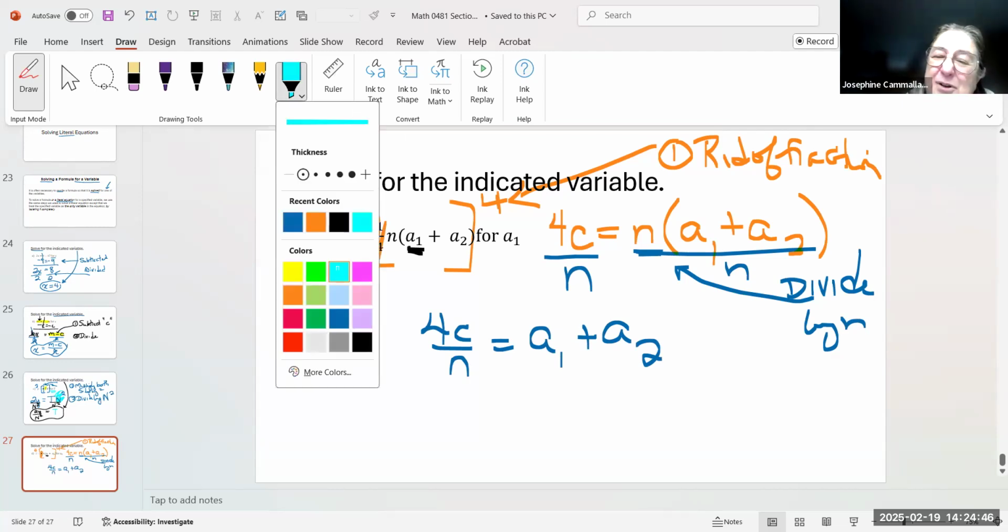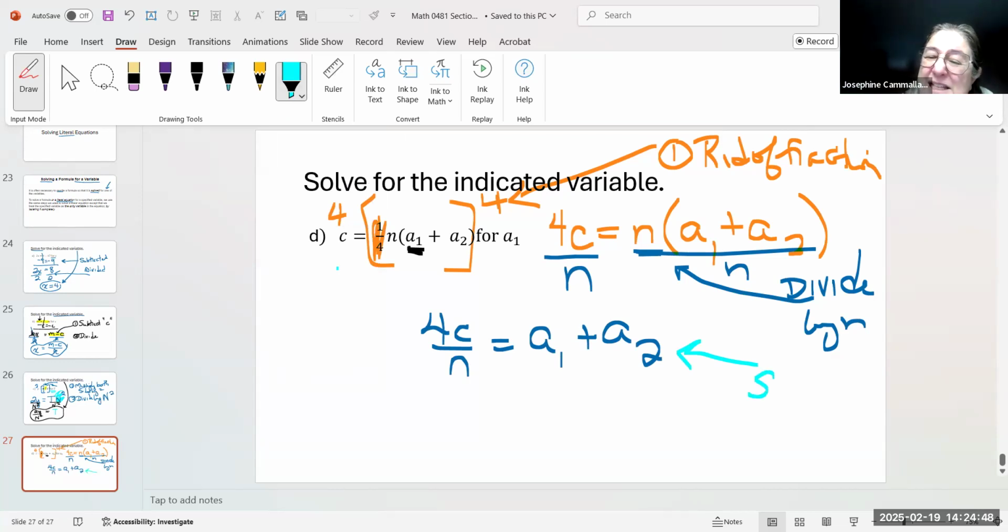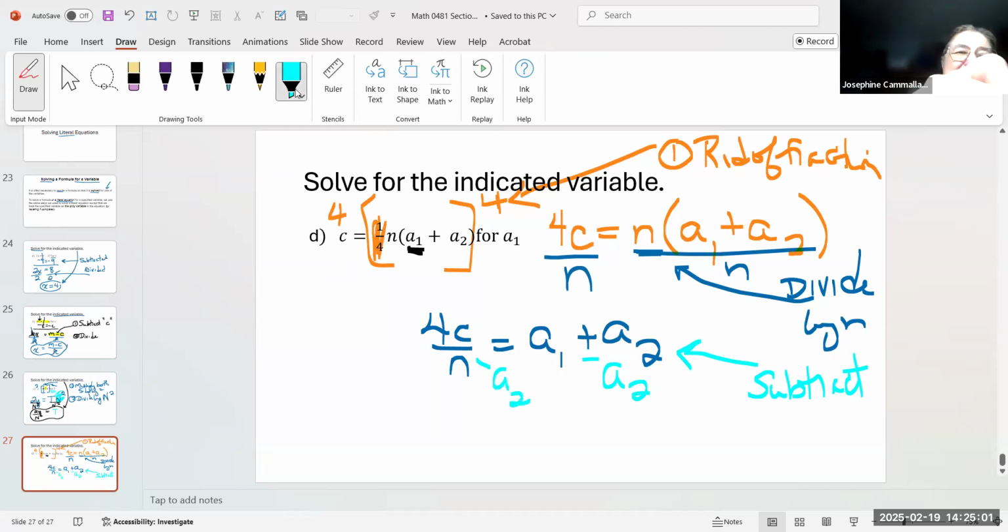And the last thing I'm going to do is subtract. I'm subtracting a sub 2 from both sides. Well, what is this going to give me? Well, over here, I have 4c divided by n, minus a sub 2.